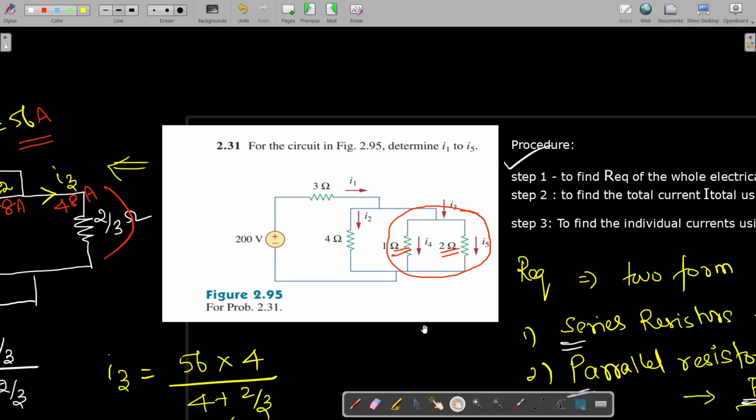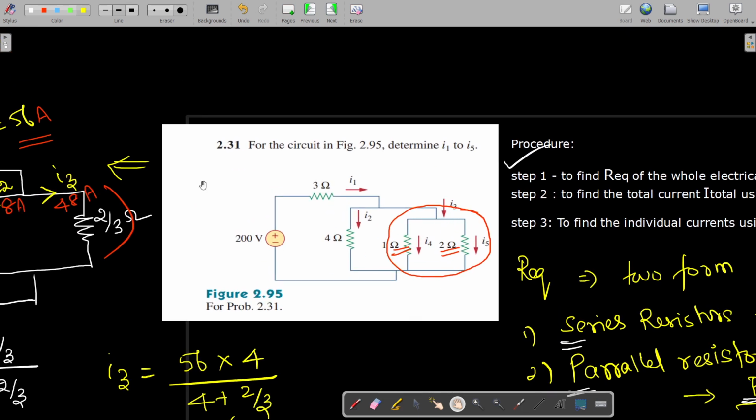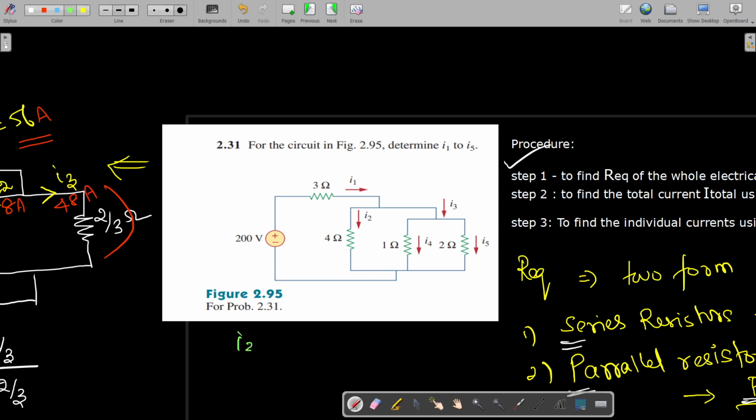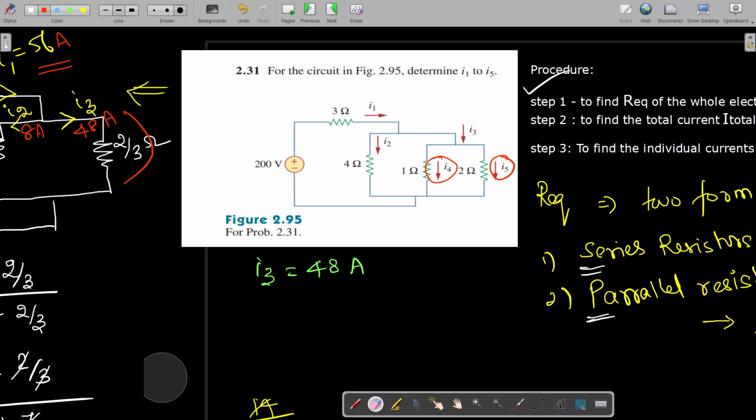Now we move on to this picture, the main network. Okay, here again, if you look at this, we have I3, which is 48 amps, that is further divided into two currents as this I4 current and the I5 current. So first you can use this current divider rule, or current division rule, to find out this I4.